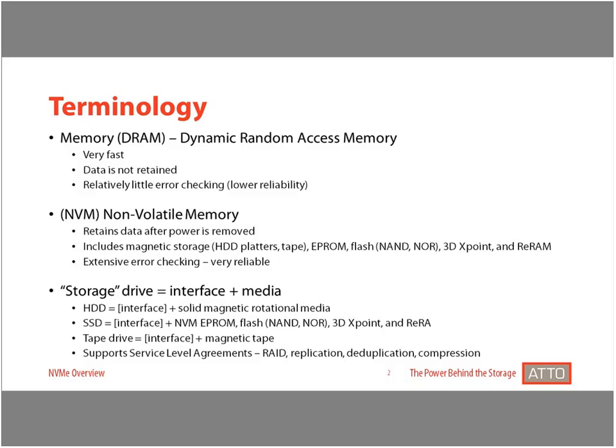So a hard drive, as you can see, is the solid magnetic rotation media with SAS or SATA. SSD is your NVM memory with SAS or SATA today, or as we'll discuss through this presentation, PCI Express. Tape drives are typically SAS, SATA, or Fibre Channel with tape. So you get the idea there.